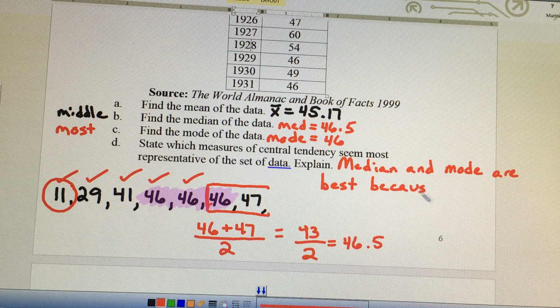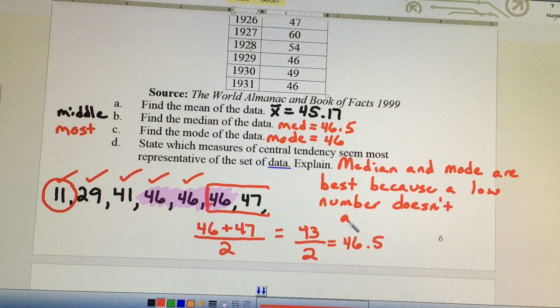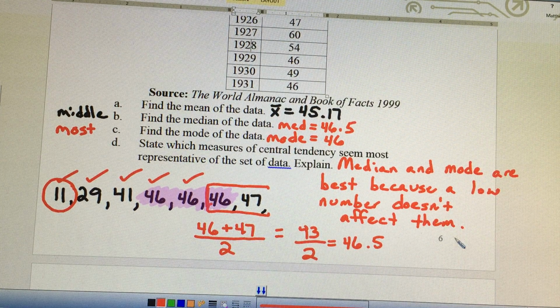Because a low number doesn't affect them. Okay? So you can make a good case for the median or the mode. We're going to go ahead and say right now for this example that the median and the mode are both pretty good. All right?